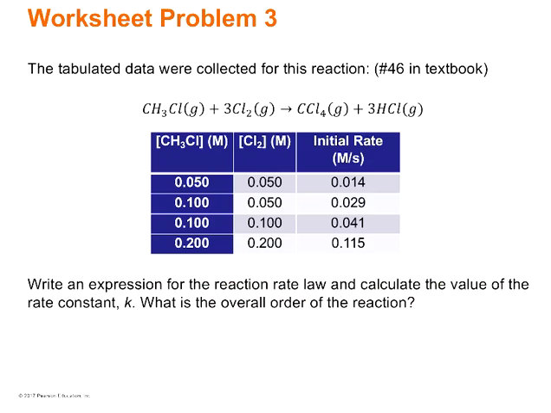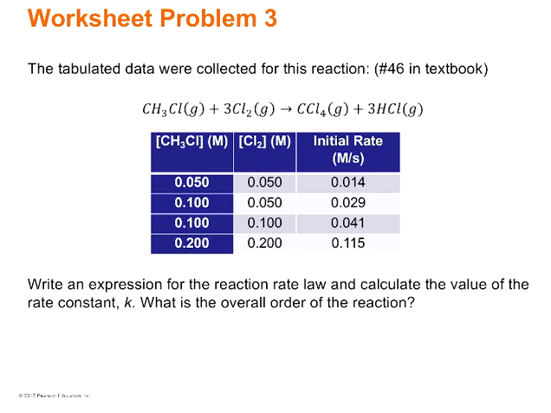But let's say we have some data for a reaction between CH3Cl and chlorine gas, and then we don't really care about the products in this case. So my table format is a little strange. I picked a weird table to use, but we have the concentrations of both of our reactants in the first 2 columns, and then the initial rate in the last column.